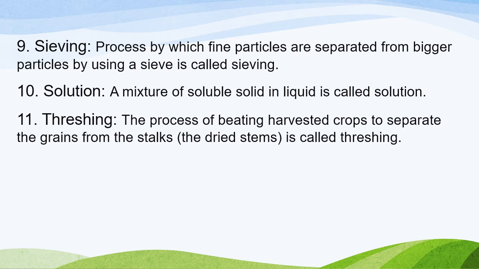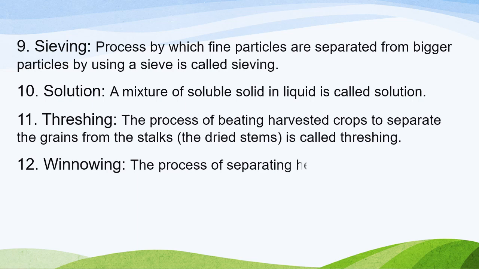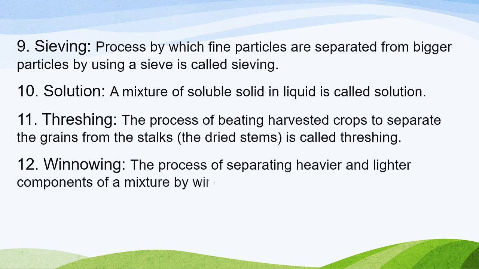Now see the 12th keyword. Winnowing. The process of separating heavier and lighter components of a mixture by wind or by blowing air is called winnowing. Now see what is winnowing. It is a process in which we separate heavier and lighter components of a mixture by blowing air or wind. It's called winnowing. So here we have completed this chapter.